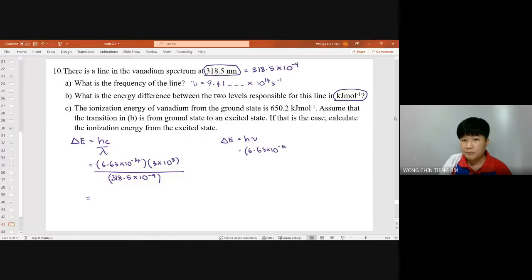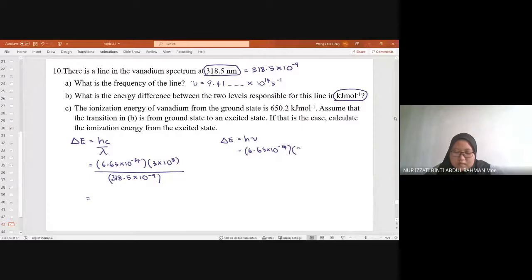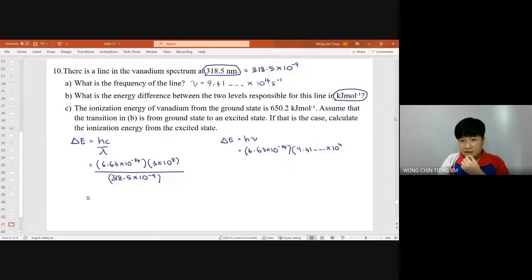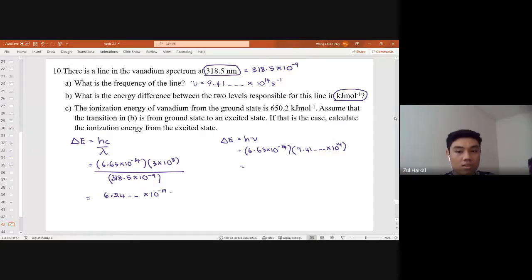Nu, Izzati? 9.4192 times 10 to the power 14. Alright. You will use the frequency above, and your answer will be the same. So what did you get? 6.24 blah blah blah times 10 to the power of negative 19, unit joule.